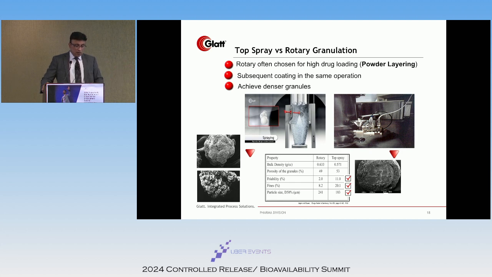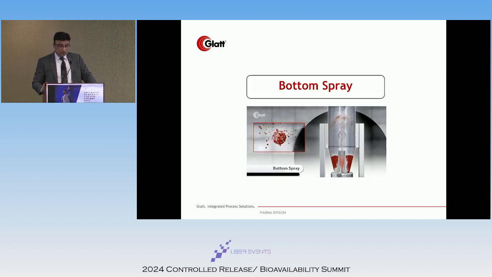You can use that for your benefit. Plus, if you have powder layering, which is on your right-hand side, you can see the powder layering was done on a sugar sphere or pellet using that rotor technology, which was very helpful for any product which is moisture sensitive in general.